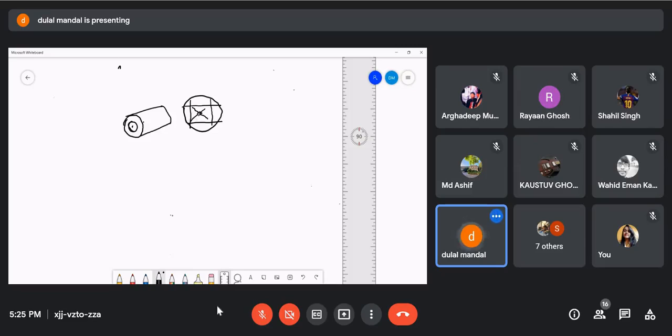From the center, you make a mark with a punch or metallic marker. First you start drilling through this with a small diameter drill. Once you have drilled, a small hole is created throughout this.